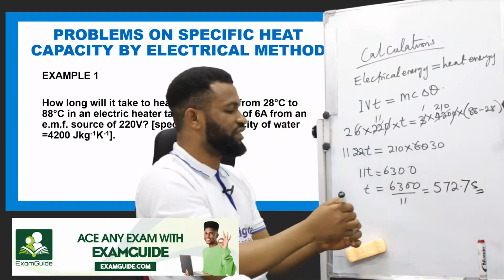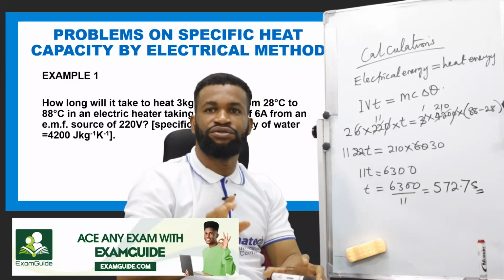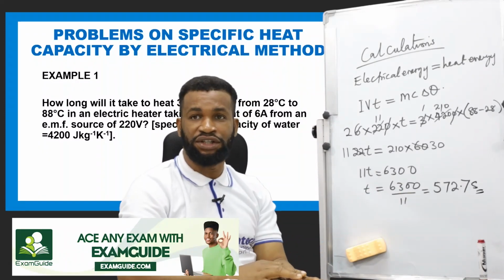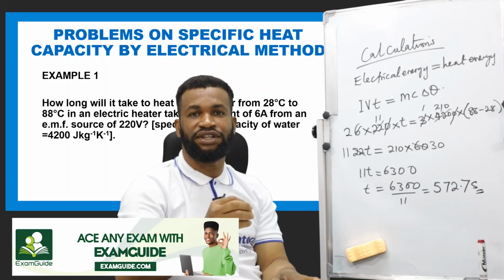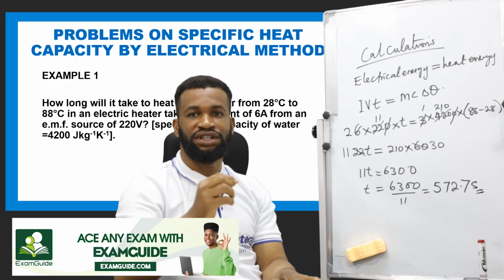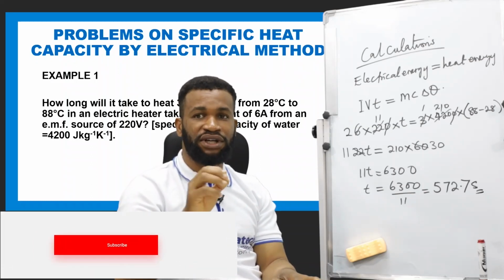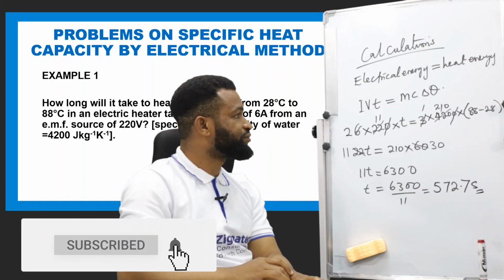So this is the time it takes to heat this water of 3 kg from 28 degrees Celsius to 88 degrees Celsius in an electric heater if the current is 6 ampere.